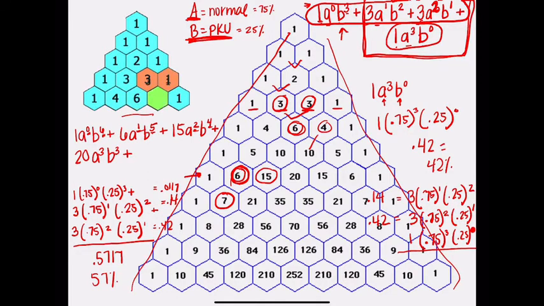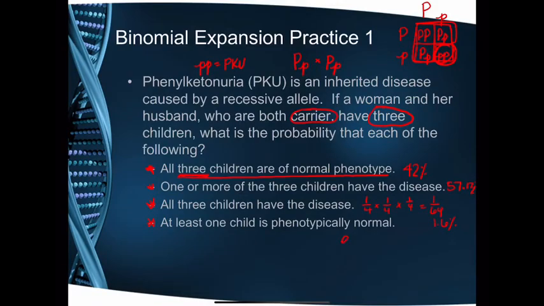And this is going to equal, is that right, 0.42? Yeah, okay. So when we add those up, 0.42 plus 0.42 plus 0.14, then we get 0.98, or 98% chance. So if they have 3 kids, 98% chance that at least one kid is going to be phenotypically normal. Okay?